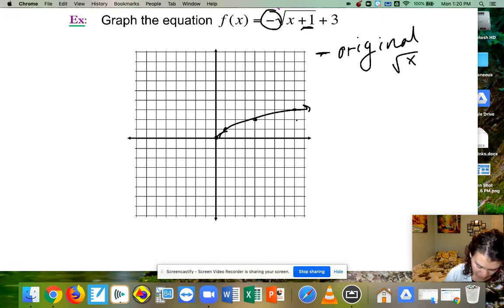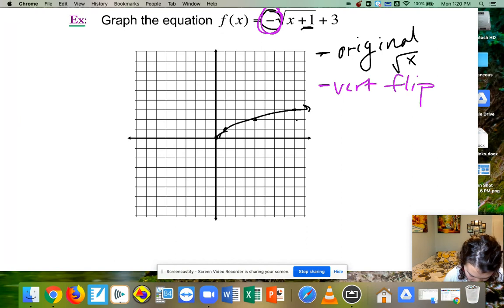So I'm going to do this flip right here. So we do a vertical flip. So flip over the x-axis. So this would stay here. We're going to flip this one down. This is going to go 2 down to flip and 3 down. So this is our vertical flip.